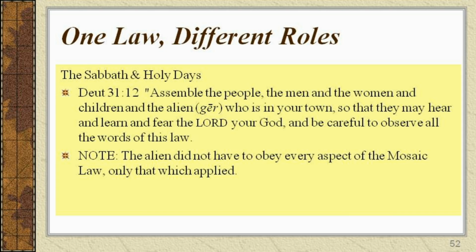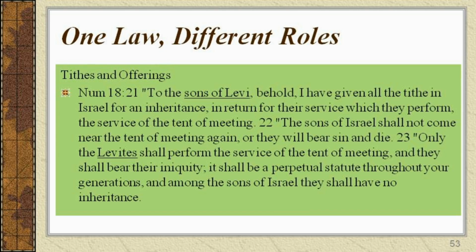The next topic concerns tithes and offerings. In Numbers chapter 18, verse 21, God said to Aaron, "To the sons of Levi, behold, I have given all the tithe in Israel for an inheritance, in return for their service, which they perform, the service of the tent of meeting.